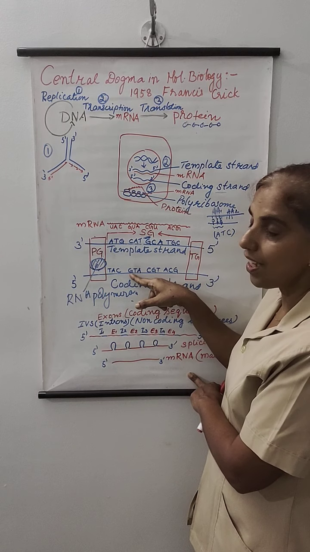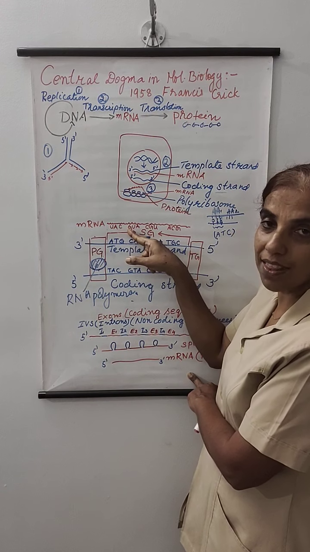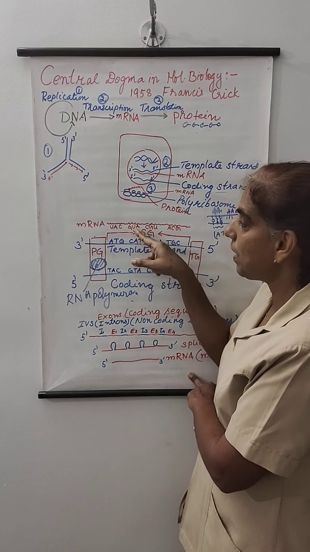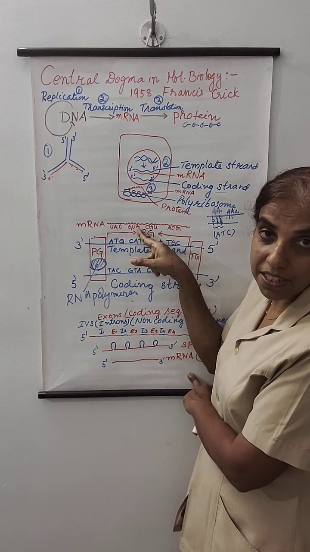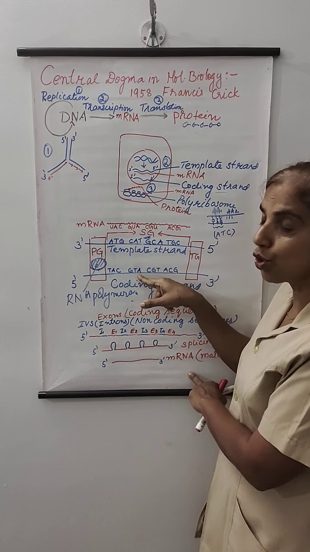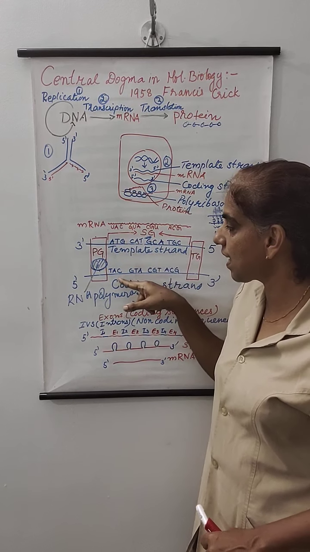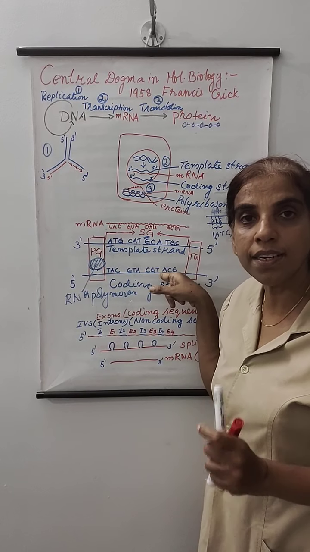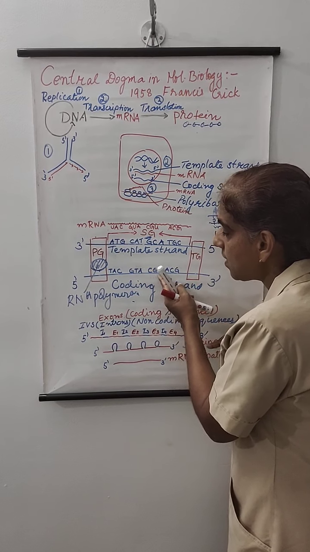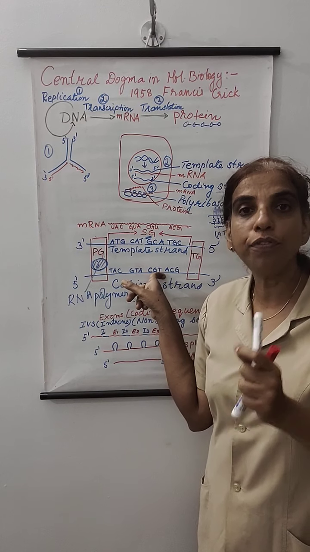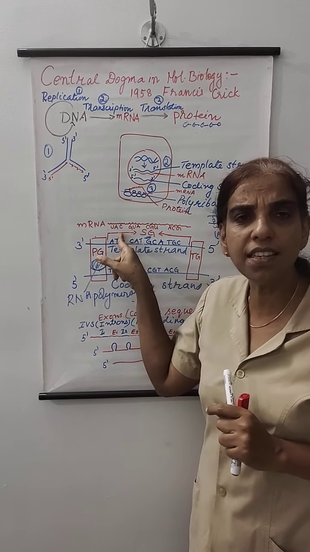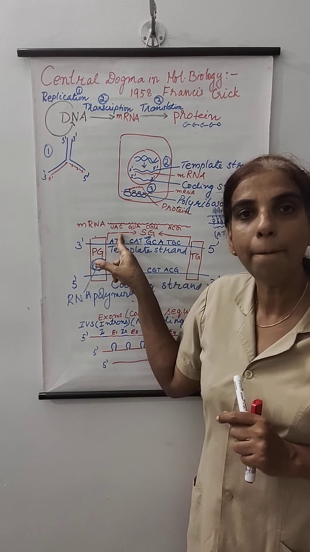Second one, G, guanine is the same as guanine. Thymine is replaced by uracil. Adenine is the same as adenine. So when you compare this messenger RNA and the coding strand, you can understand that the message coded in this coding strand in the form of this triplet code is exactly the same as that of the messenger RNA.